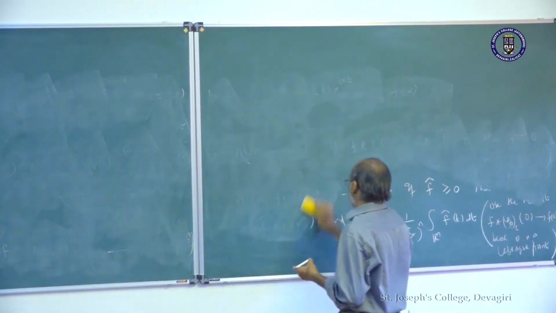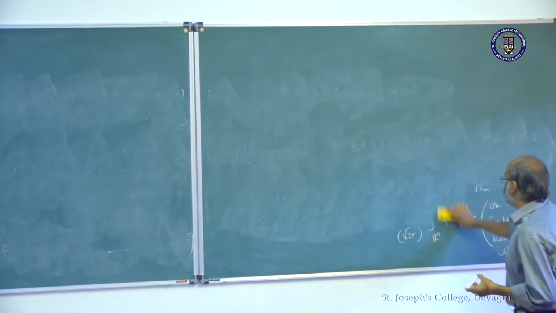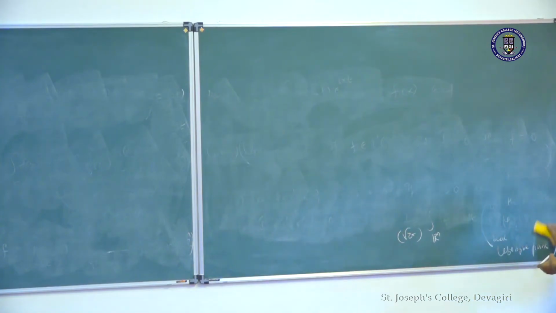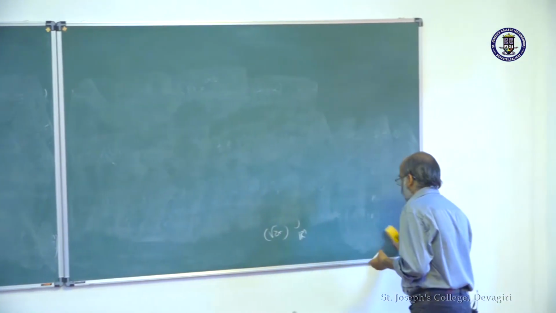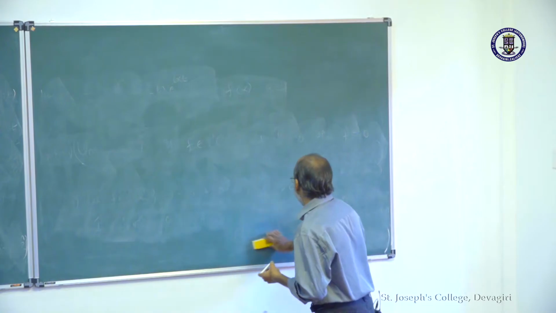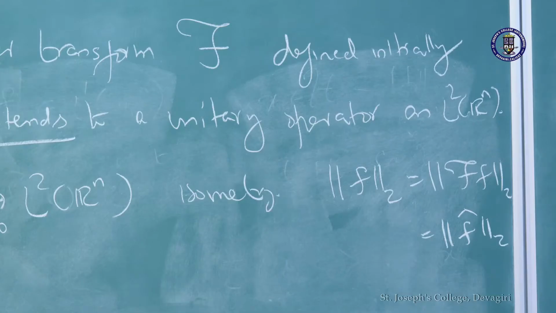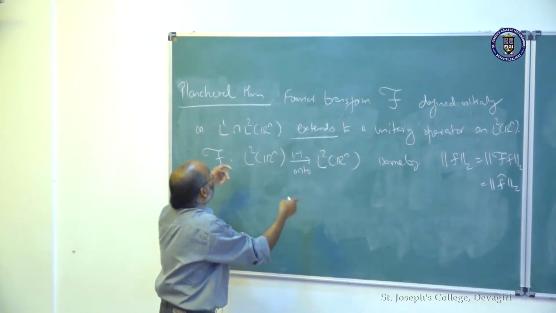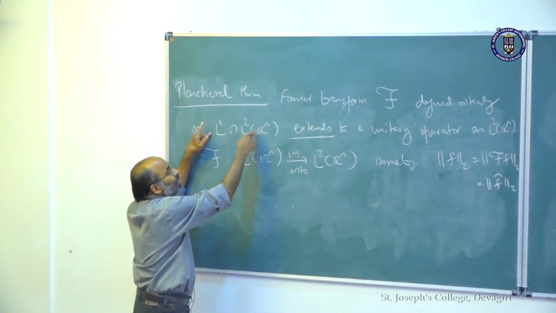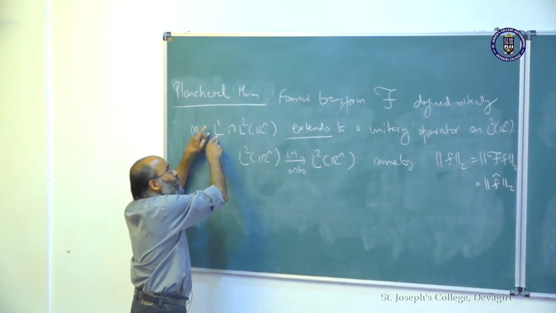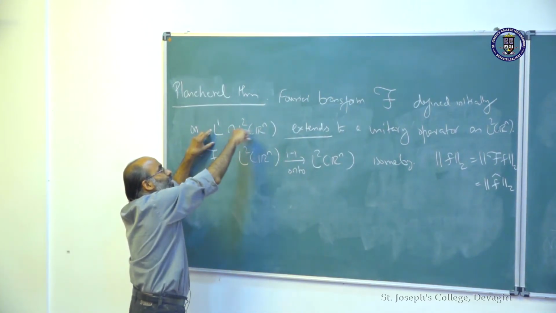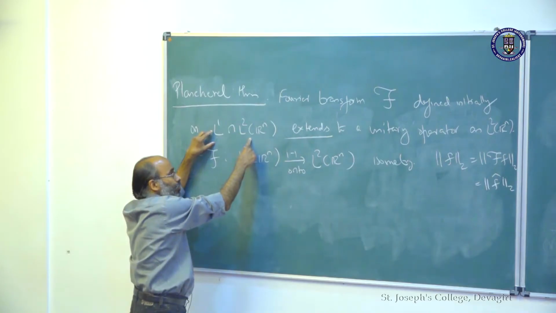So, remember the class L1 intersection L2 contains all C_c infinity functions, for example, or Schwartz class functions, and so they will be dense in L2 or in any other Lp, right. The definition of the Fourier transform which we started with makes sense on L1 intersection L2, because it is contained in L1. But think of it as a subset or subspace of L2.